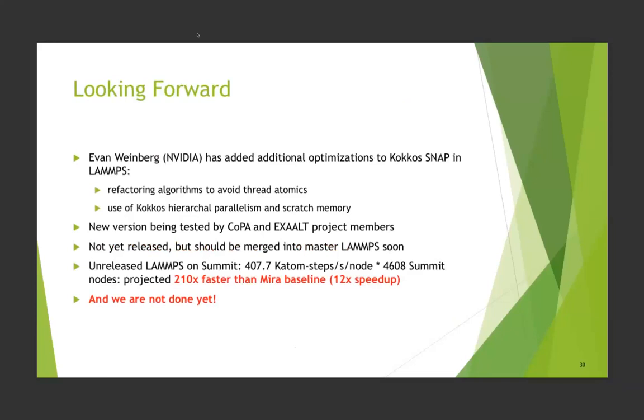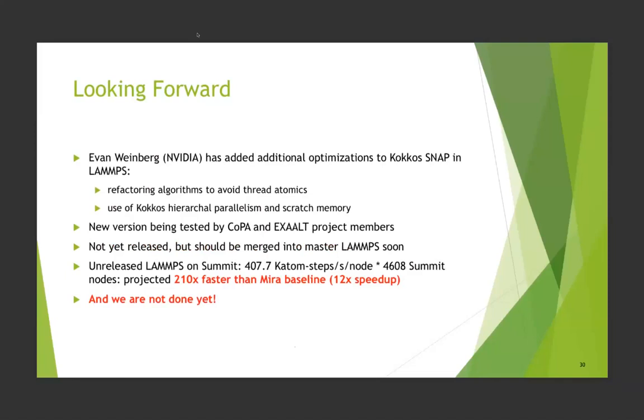Okay, and then looking forward, we've actually got some help from NVIDIA. So Evan Weinberg from NVIDIA has also been working on this kernel. He's actually been working on the lamps version instead of test snap. And some of the things he's done is refactoring some of the kernels to avoid atomics.